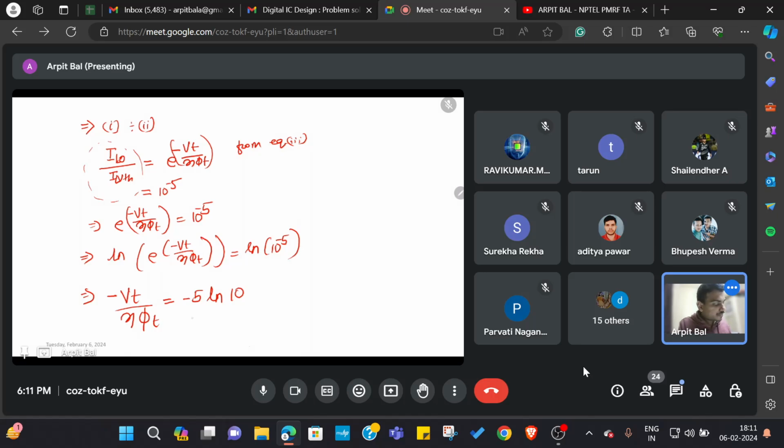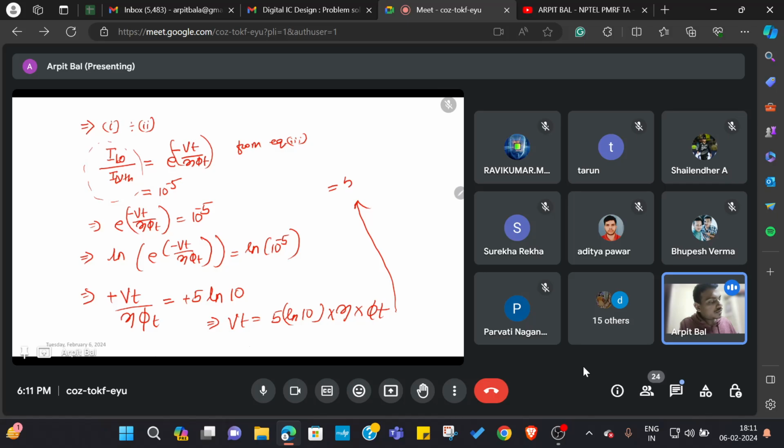Okay, this implies, let me make it positive. So Vt equals 5 ln 10 into eta into phi t.